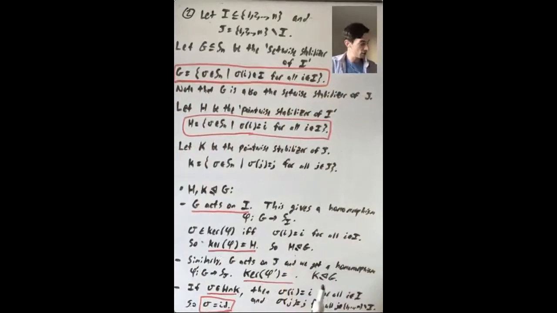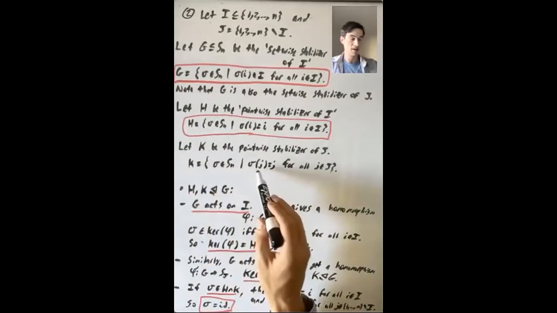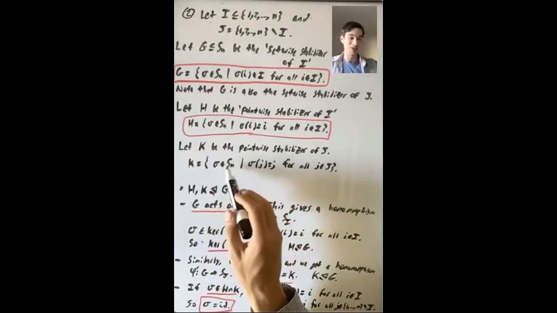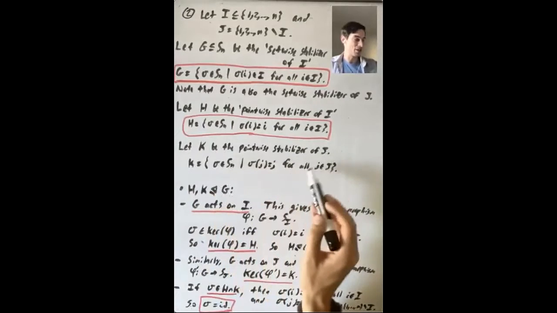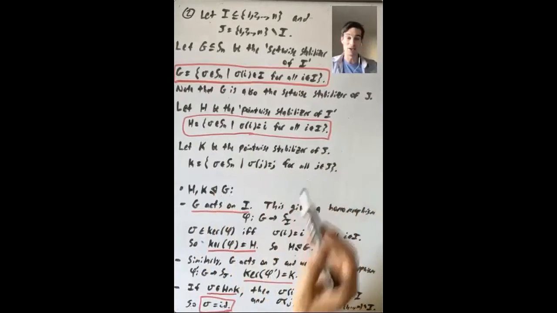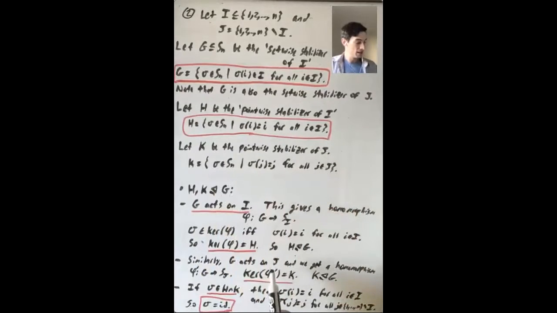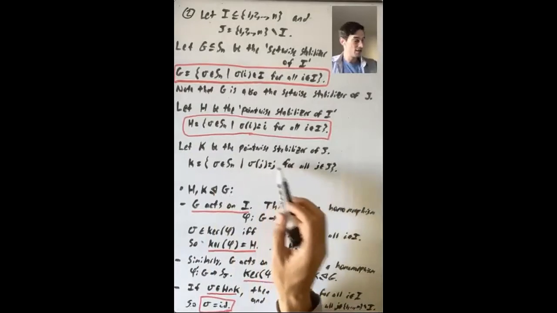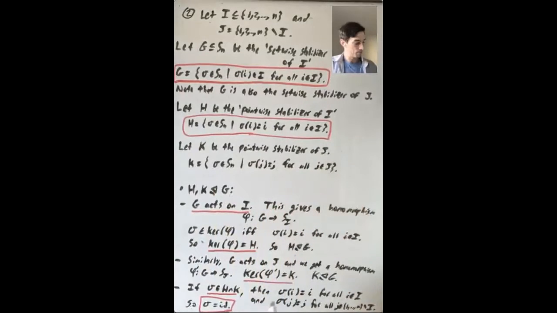Oh, the kernel of this homomorphism is K. It's all the things where you have a permutation in G, you get a permutation of the elements in this set J, and it's the identity permutation. So what does that mean? Sigma of j equals j for all elements in your index set. K is the kernel of this homomorphism, so K is a normal subgroup of G.